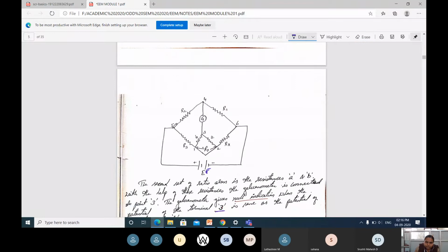What are we going for? We want the potential across 4 and 5. When the bridge is balanced in the Wheatstone bridge, we came to know that when the galvanometer shows zero deflection, these two resistors are in series connection.